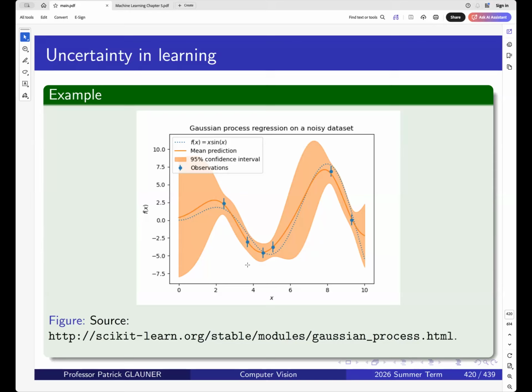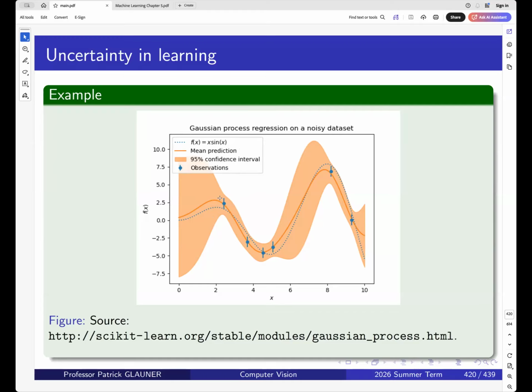So what we see here is an image from the scikit-learn website. We have observations, which are in blue, and we actually have an underlying function, which is this blue dotted line, which is some sine, and we see where it goes.